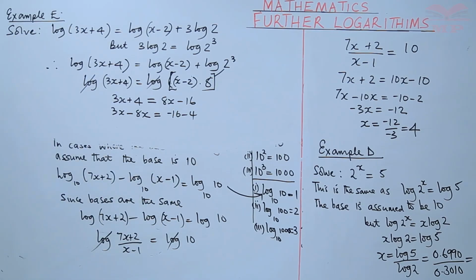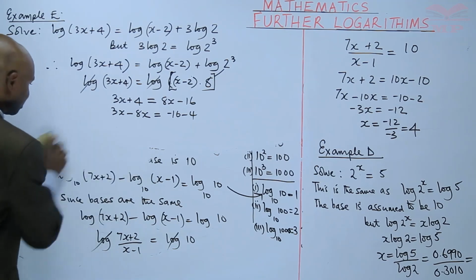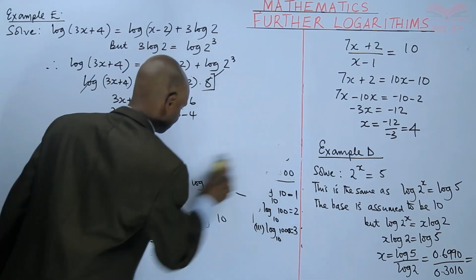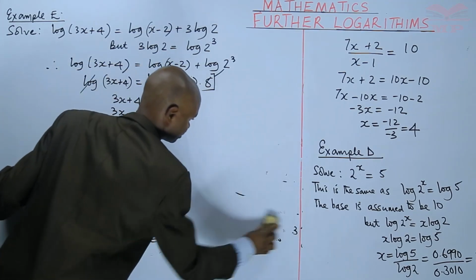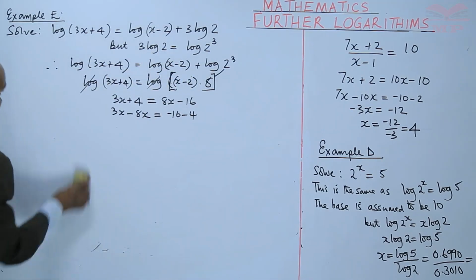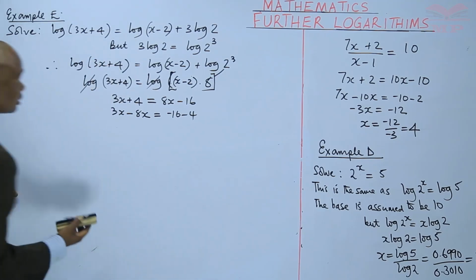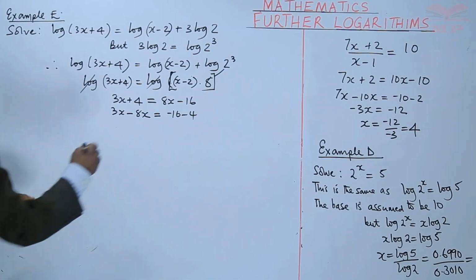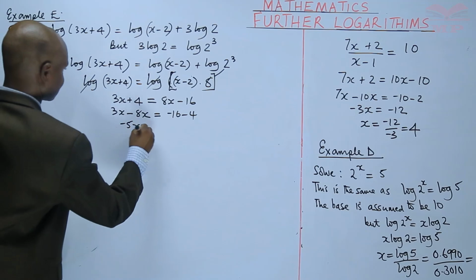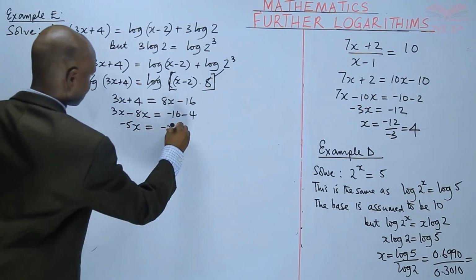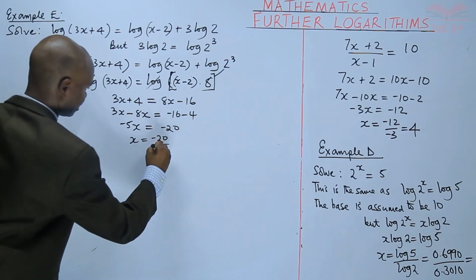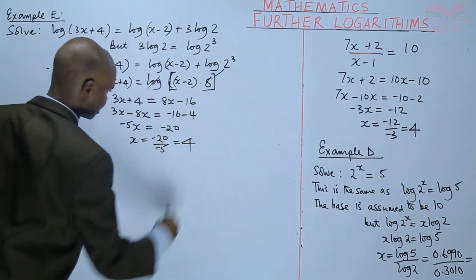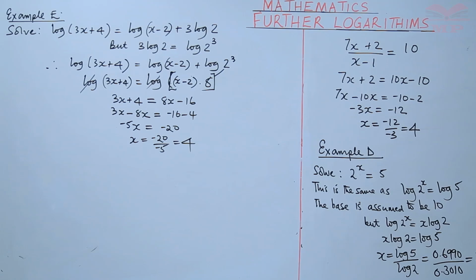This gives minus 5x is equal to minus 20. So the value of x will be minus 20 over minus 5, and that gives us 4. That is how we solve these.